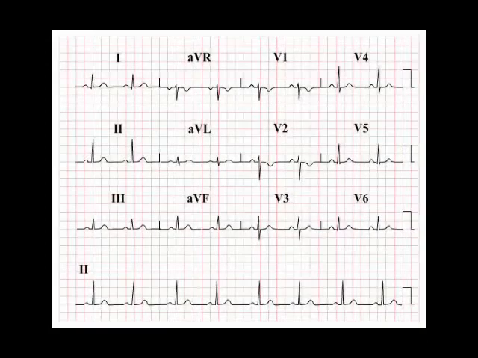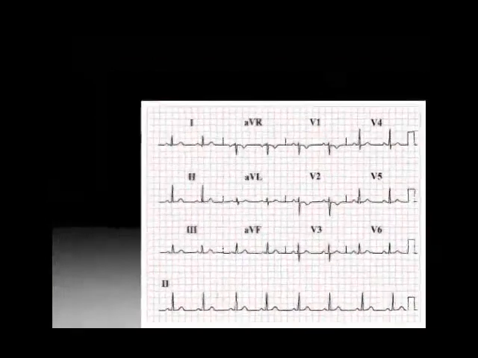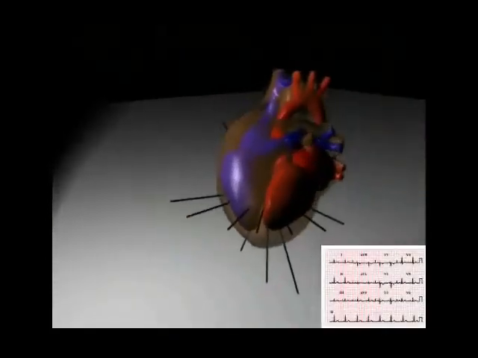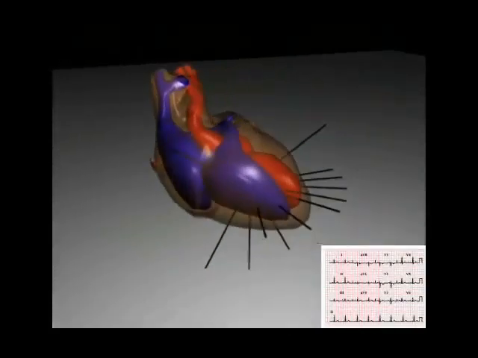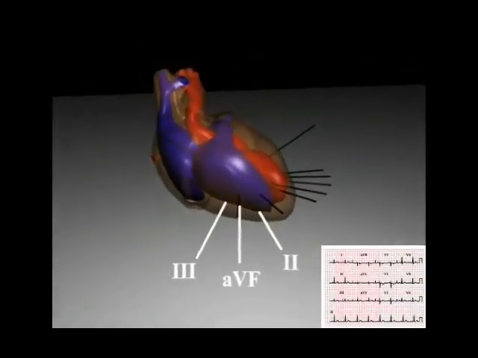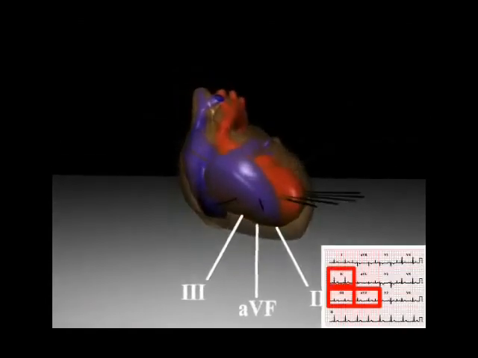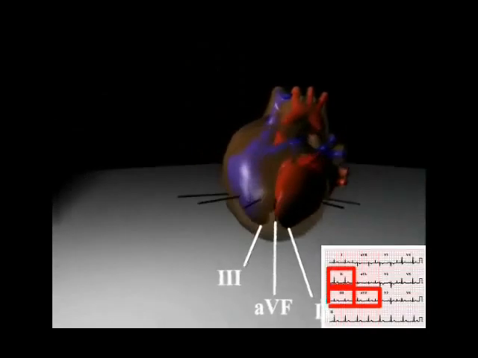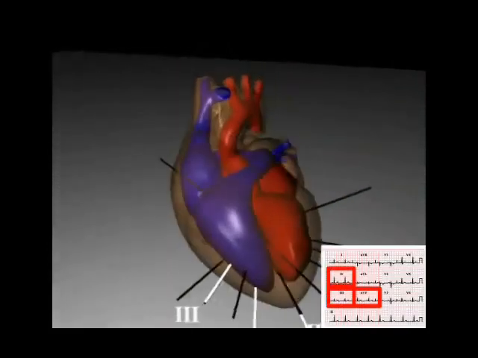For the experienced practitioner, looking at different areas on this A4 piece of paper is like looking at different anatomical regions of the heart. On this 3D model of the heart, note how 3 of the vertical leads, 2, 3 and AVF, form a group examining the inferior or diaphragmatic surface of the ventricles, a region supplied by the right coronary artery.